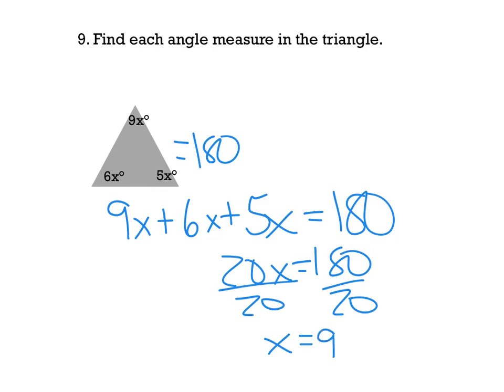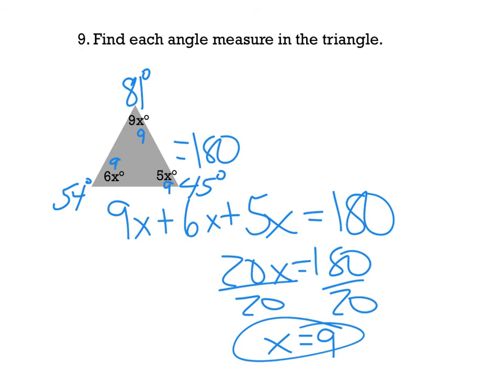Okay, but it says find each angle measure. So if I plug in 9 for all of these, this angle is going to give you 81 degrees. This one is going to give you 54 degrees, and this one is going to give you 45 degrees. Cool.